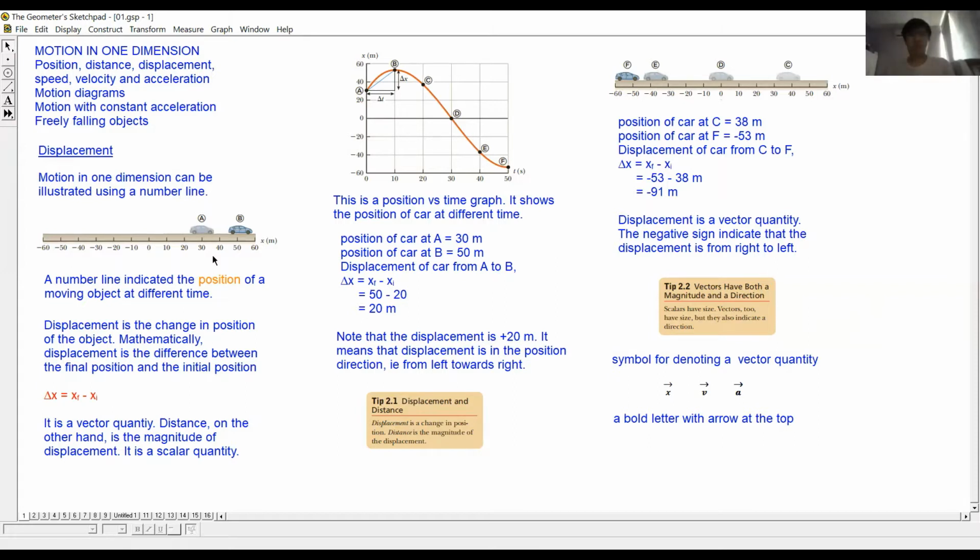Because we are talking about displacement, the length here can be positive or negative. So position A is positive 30 meters. Position B is positive 50.